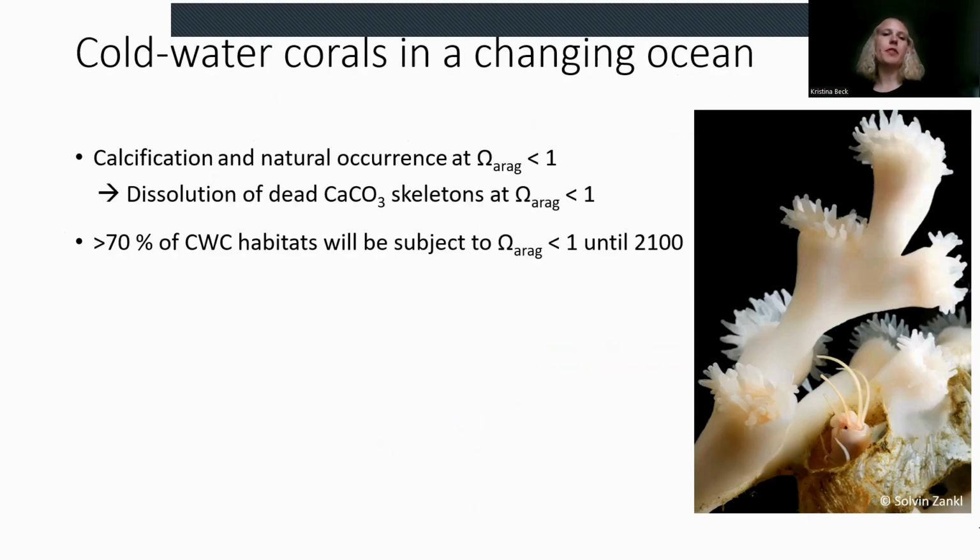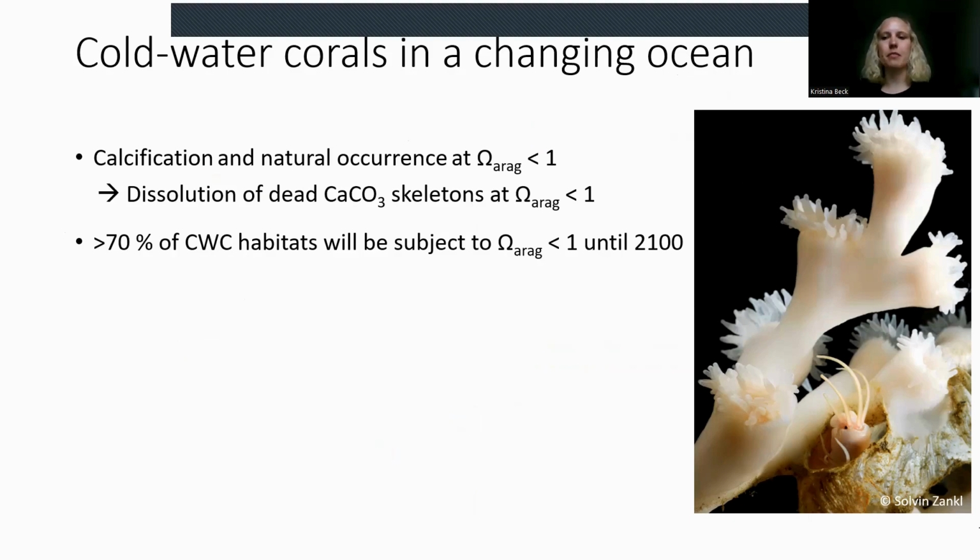What we know so far is that cold water corals, or live corals, can actually grow and survive at low pH conditions. They might not be affected by ocean acidification too much. We find them at some locations at aragonite undersaturation.